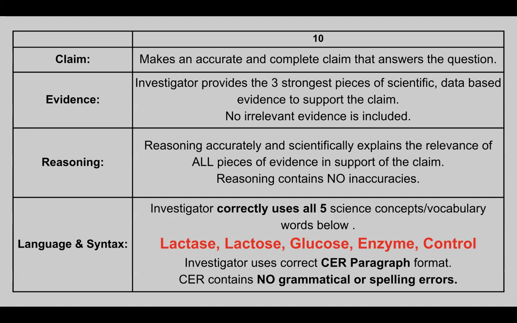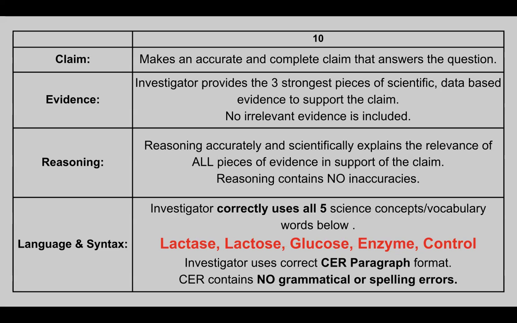Language is now language and syntax because we are making paragraphs. You need to correctly use all 5 science concepts below. Those science concepts are lactase, lactose, glucose, enzyme, and control or control group. You know all of those words. You should be able to use them inside of your CER.